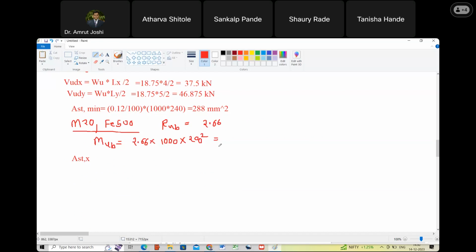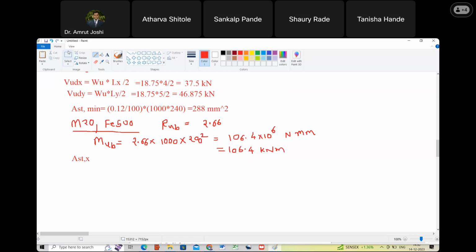Sir, it is 106.4 into 10 raised to 6 Newton mm. Are you with me? Yes, sir. So in kilonewton meter, it will be 106.4 kilonewton meter. Are you with me? Yes, sir.